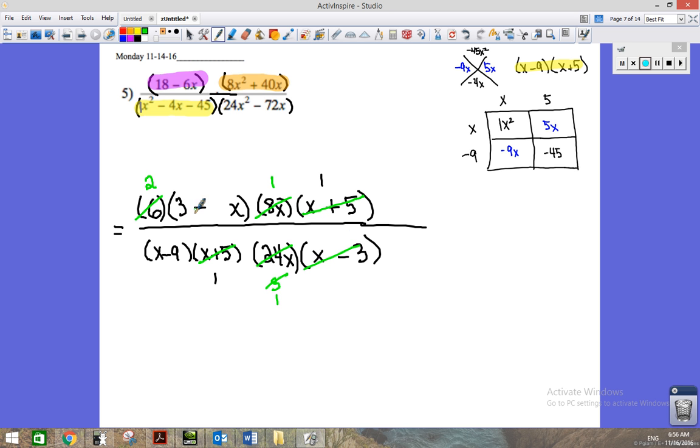So this x minus 3 and 3 minus x are negative 1. So hopefully that wasn't too many cancellations going on at the same time for you. In the numerator, we have a positive 2 times a negative 1 times a positive 1 times a positive 1. We get a negative 2.